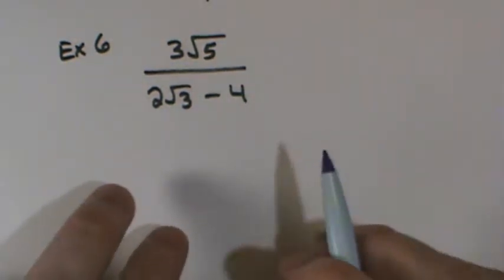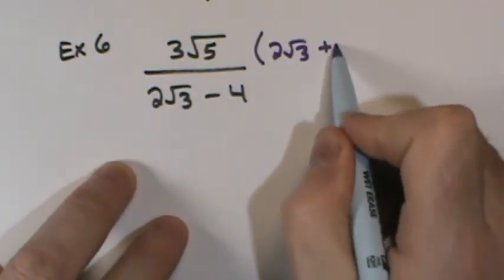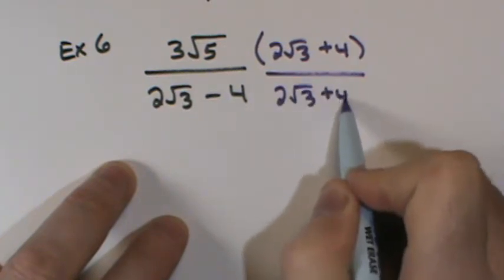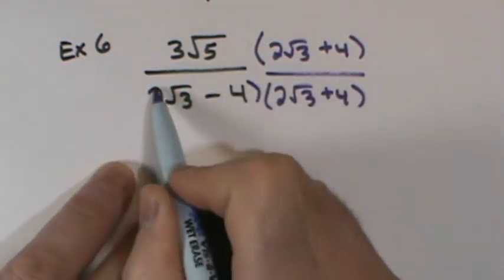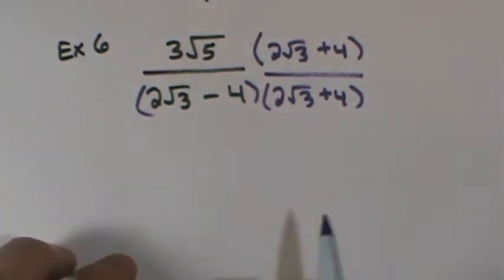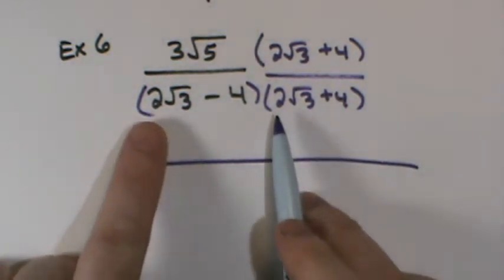So I multiply top and bottom by 2 radical 3 plus 4. Notice how I always put my parentheses around the original denominator as well, so it sets up my FOIL. This is really what you're going to need to practice with.